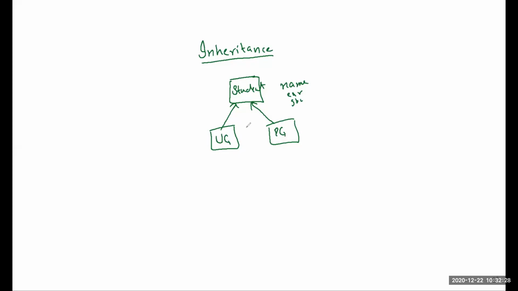Whatever is common in UG students and PG students, you put in the parent class, so that you do not have to repeat it in both classes. And whatever are the specific features of a UG student or PG student, you put in their specific classes. So this is what we had been doing.